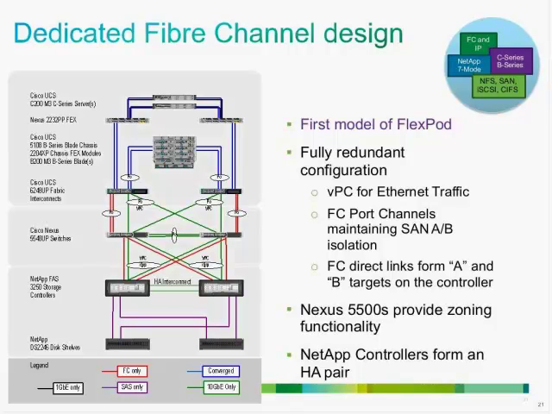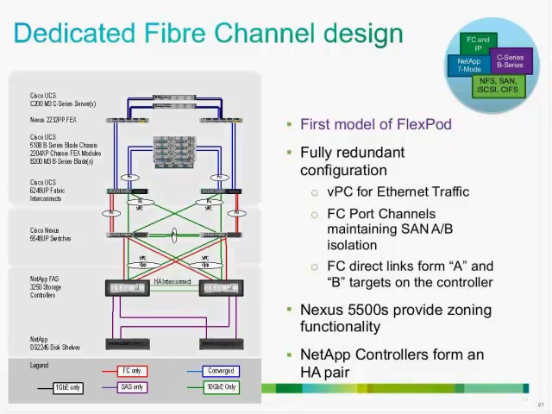So the very first model of Flexpod, we used a UCS B-Series connected to Nexus 5548 switches. From UCS, we have dedicated or converged ports going down into the Fabric Interconnects. We all know that.